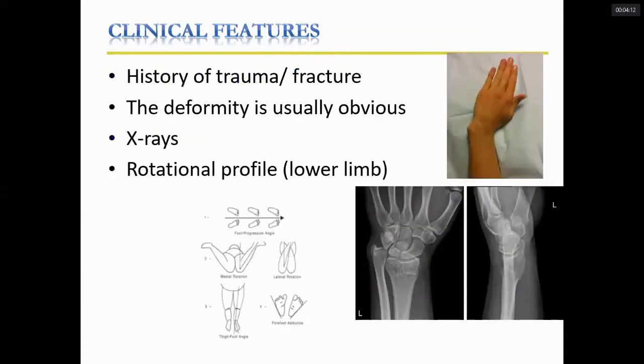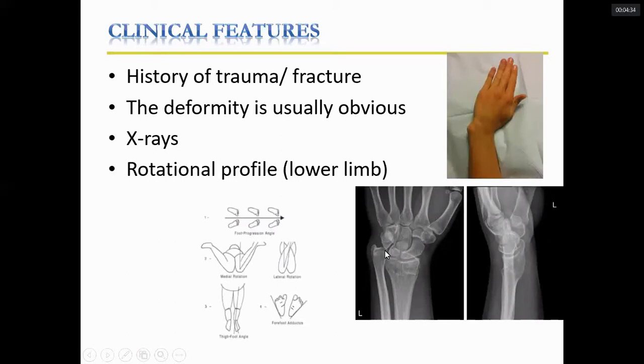Okay, so what will be the clinical features? There will be a history of trauma that was treated. On examination, the deformity is usually obvious. For example, here we can see that the hand is in a position of radial deviation. After that, we will take X-rays.